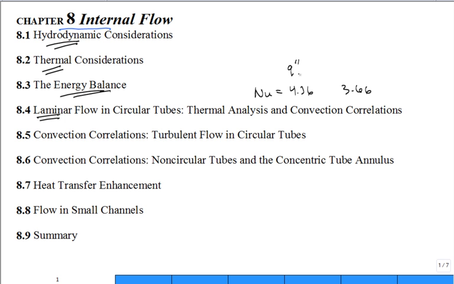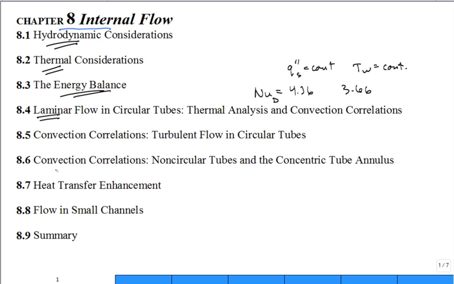If q'' at the wall is a constant, then you get a constant Nusselt number of 4.36, and if the wall temperature is a constant, you get a fully developed laminar flow Nusselt number of 3.66. Both of those use the diameter D for the length scale in the definition of the Nusselt number.